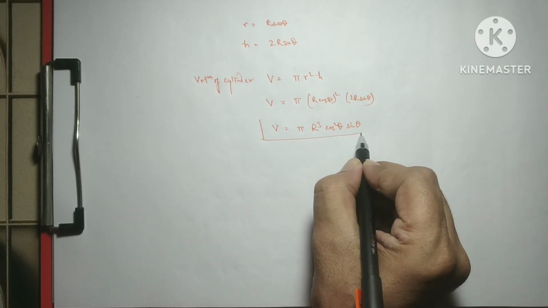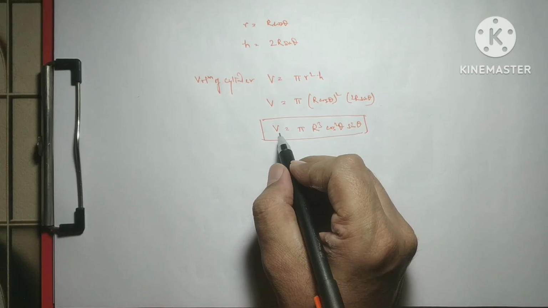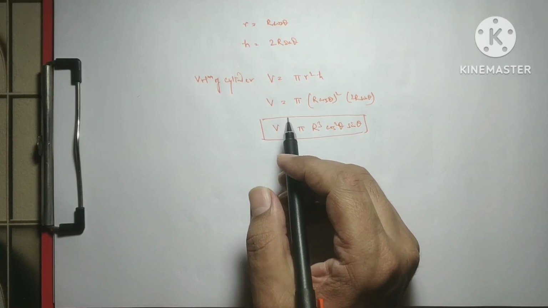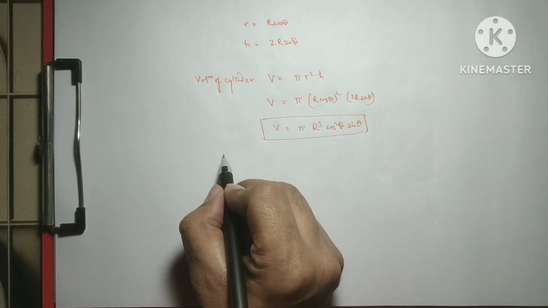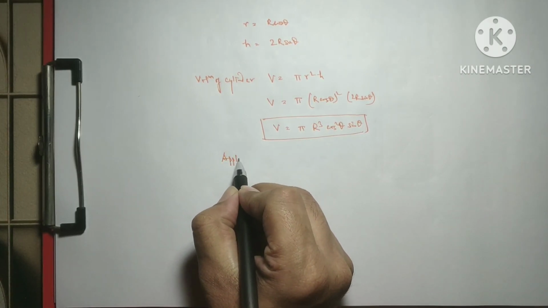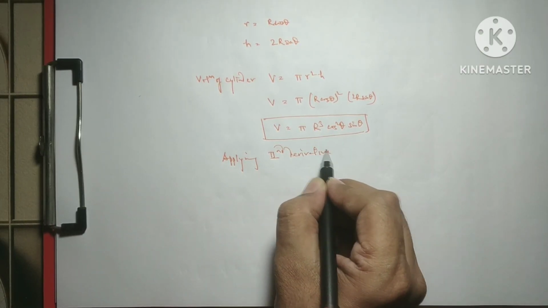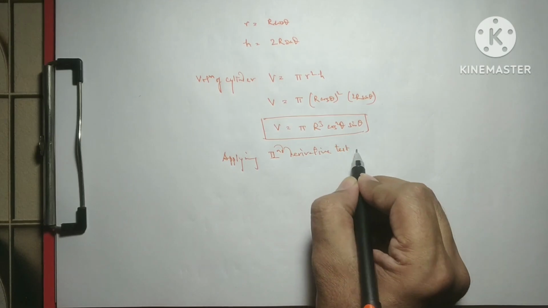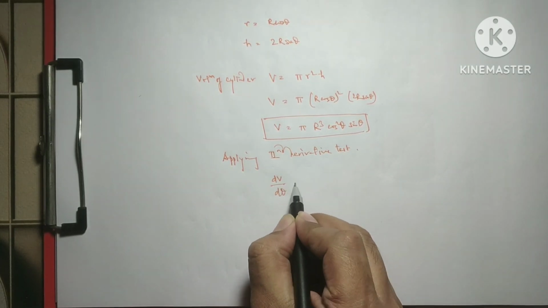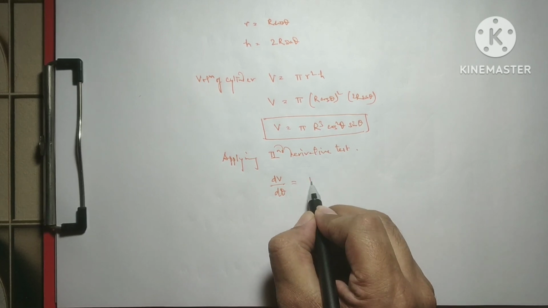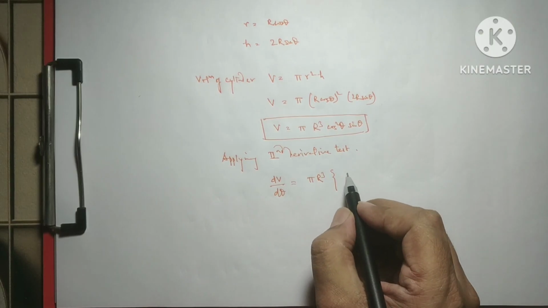This is the volume expression for the cylinder, and we have to show it is maximum. So for proving this volume is maximum, we will use the second derivative test. According to this, first we find dV over d theta, the first derivative. Pi r cube is constant and common, and we apply the product rule on cos square theta sine theta.